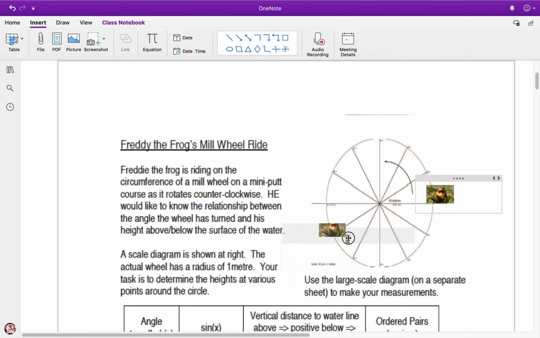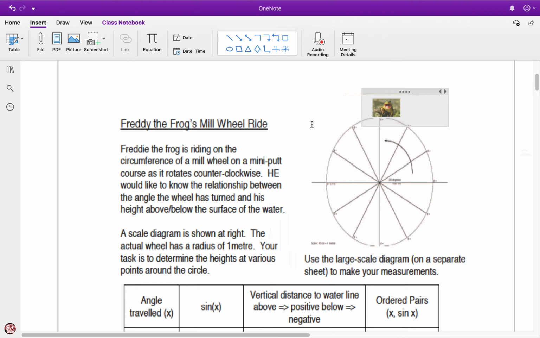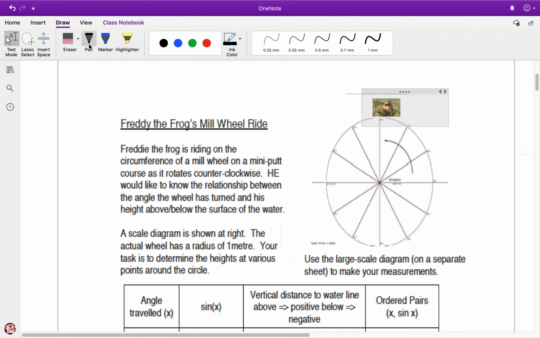So Freddy sets out to do that. Let's put Freddy at the very top right now. Freddy figures out his wheel is 1 meter radius. So this is 1 meter radius here.